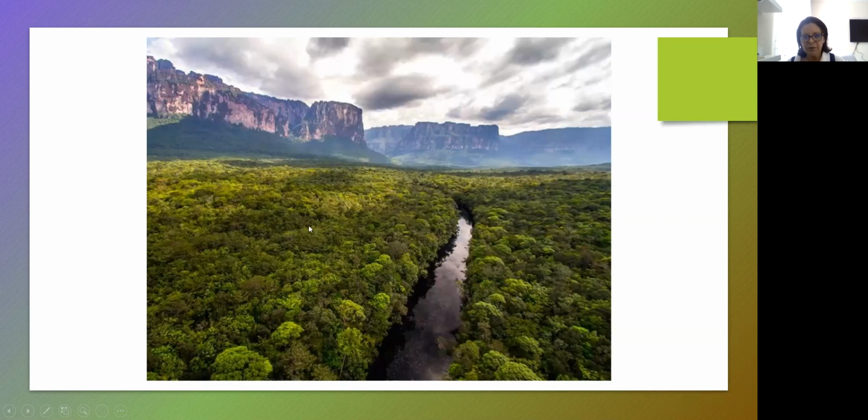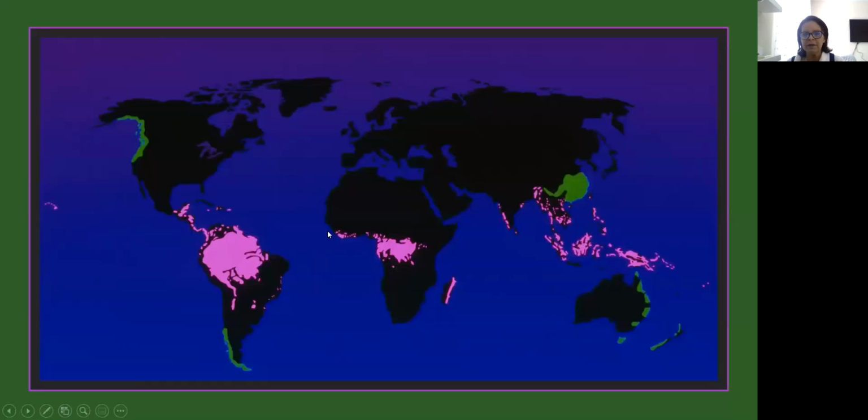We have this wonderful area that students will be citing: what did they see, and describe where this area is. We are going to show a map also, where in purple we have the most important rainforest in the world. We're going to show you that many years ago, 15% of Earth was rainforest.